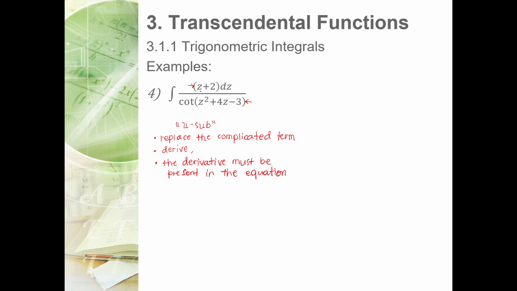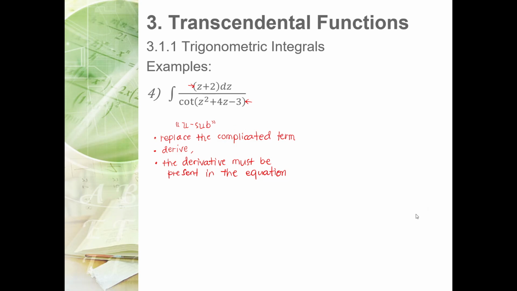In the given equation, of course the complicated term is not your cotangent, since again, if we look back at our given integral formulas, we have an integral for cotangent. Now the complicated term here is z squared plus 4z minus 3, because we want our final form of the equation to be in terms of cotangent u na lang.